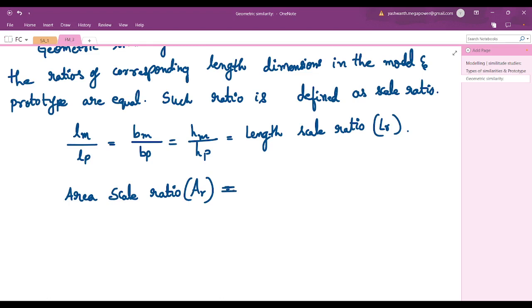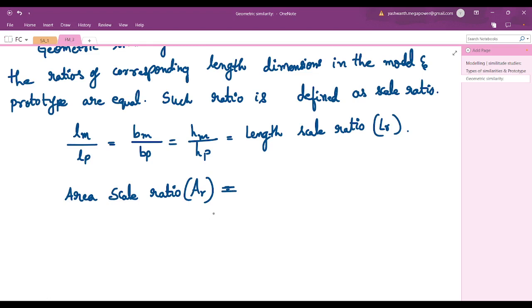It is simply the square of the side, right? If it is a circle, then it is pi r square, isn't it? If it is a triangle, it is half into base into height, isn't it? So what I want to conclude is that the area of any shape, be it a rectangle, triangle, square, pentagon, whatever the shape, is simply the product of two dimensions, isn't it?